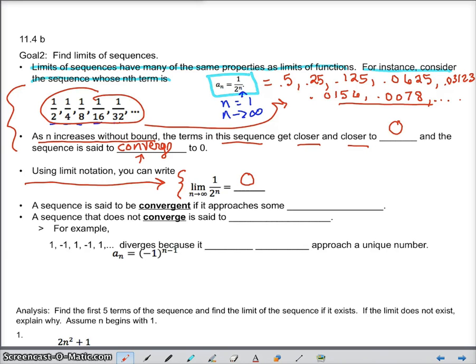So a little terminology: a sequence is said to be convergent if it approaches some unique number. 0 would be a unique number. A sequence that does not converge is said to diverge.